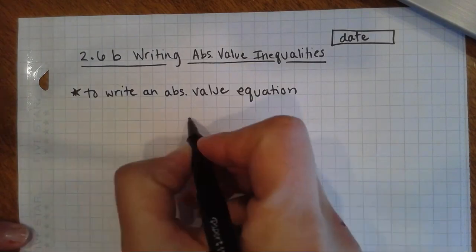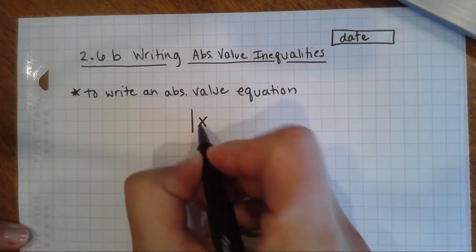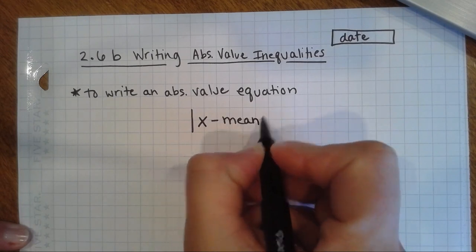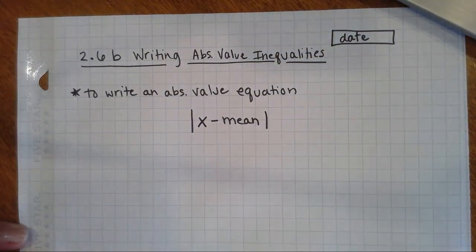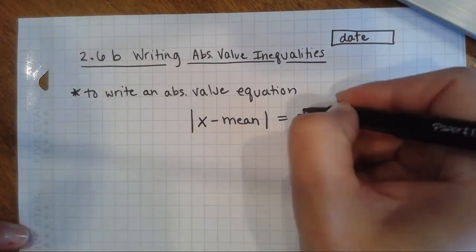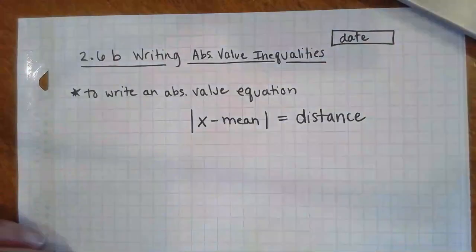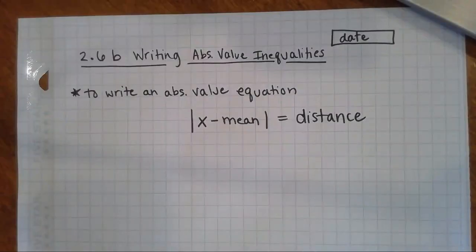So recall that an absolute value equation is x minus the mean of a set of numbers is equal to the distance of that mean from either end.